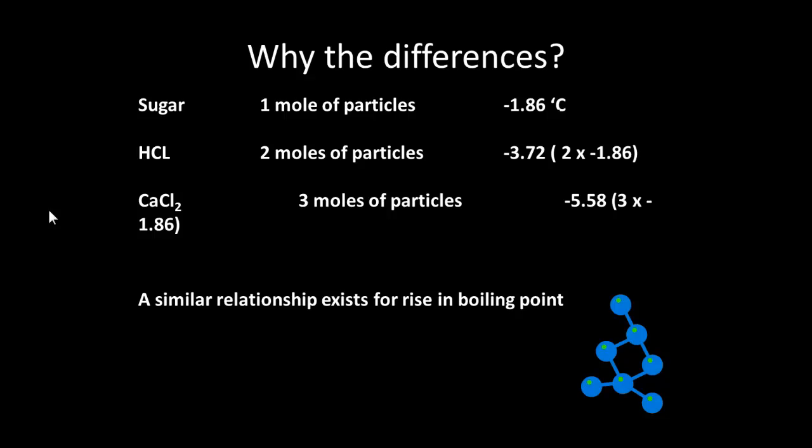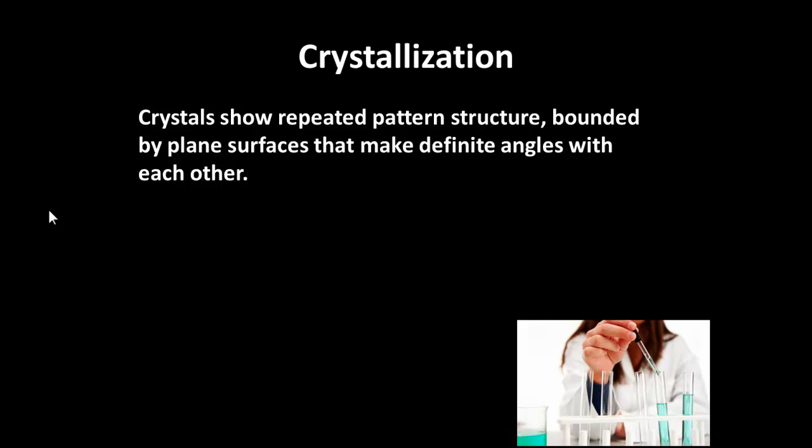And you can see that a similar relationship would exist for boiling point, so a mole of sugar particles would lower the freezing point by minus 1.86 because it's only 1 mole of particles, but in calcium chloride's case, where there are 3 moles of particles, you would lower it by 3 times 1.86, so you would have a freezing point of minus 5.58.